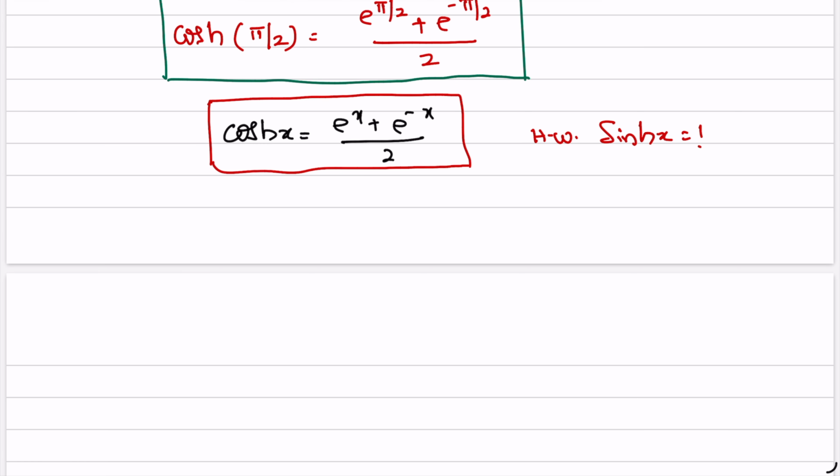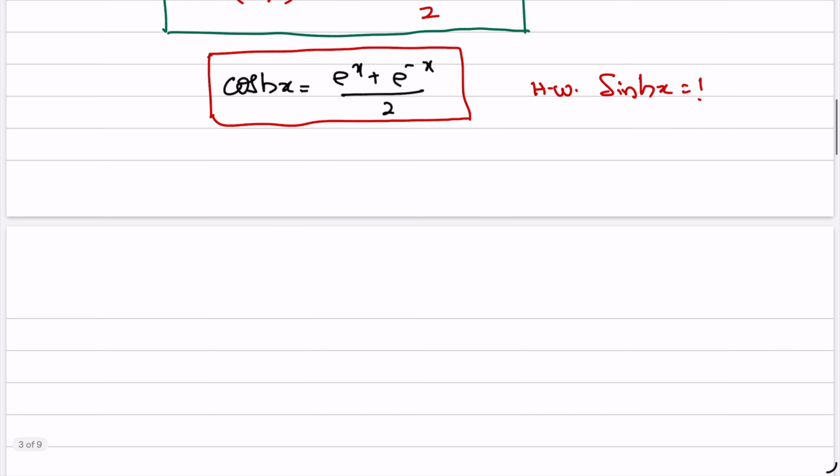Let us define certain important identities, which I have already explained in my complex numbers lectures. Please refer to them. e to the power of ix is equal to cos x plus i sin x.